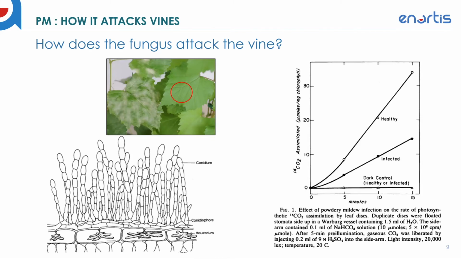If we look at an infected versus healthy leaf, a healthy leaf is able to assimilate CO2 normally and do photosynthesis. An infected leaf is not able to do photosynthesis, and that's a problem from a grape ripening standpoint. If you're not able to assimilate sugar, you're not able to ripen the fruit, and then you have basically unripe fruit, which has all sorts of other issues that I'll talk about later.